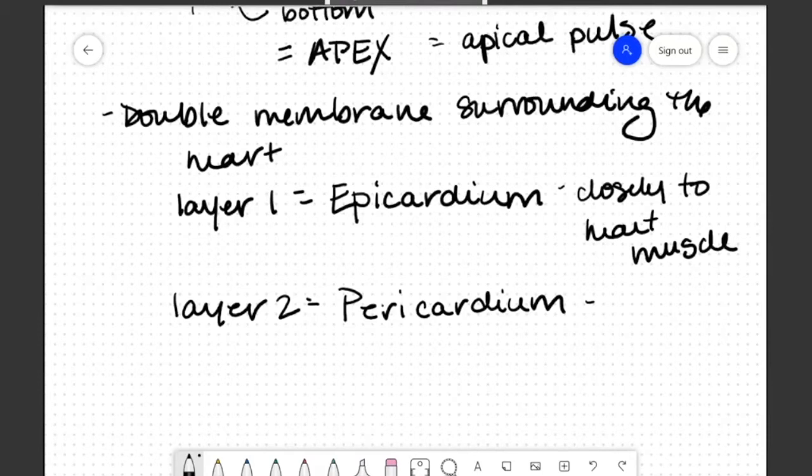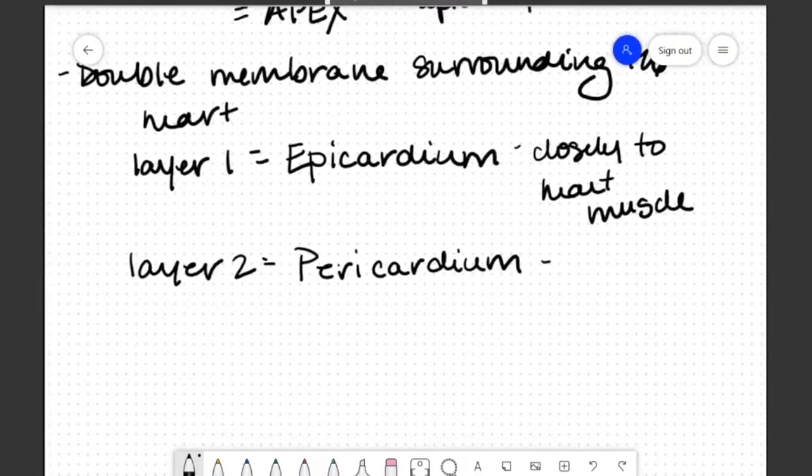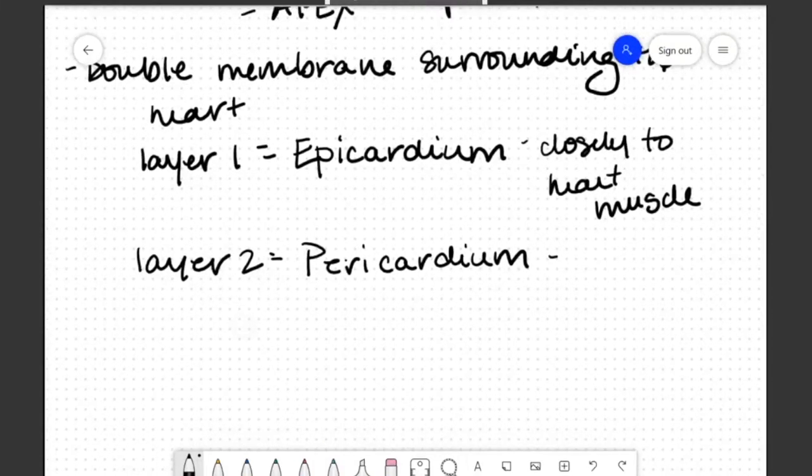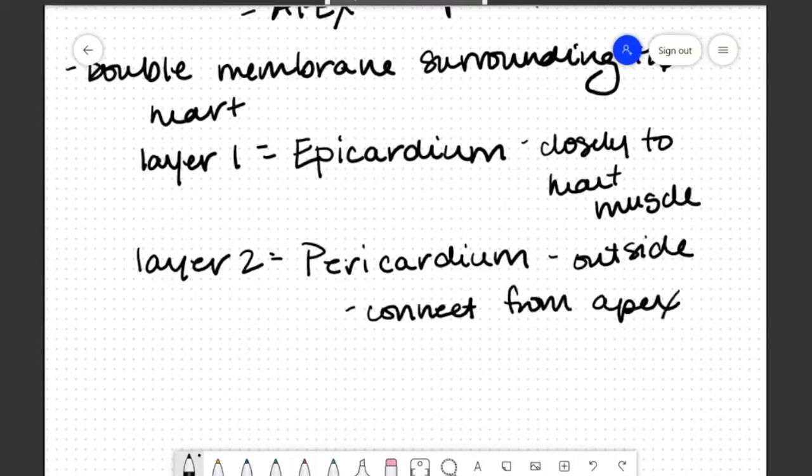So those are the same similar terms. We're just talking about in the cardiovascular system now. So we have the epicardium, which is the membrane that is closest to the actual heart muscle. And then on top of that would be the pericardium. And the pericardium is the outside layer. And this outside layer will actually connect from the apex of the heart to the structure below it, which will be the diaphragm.